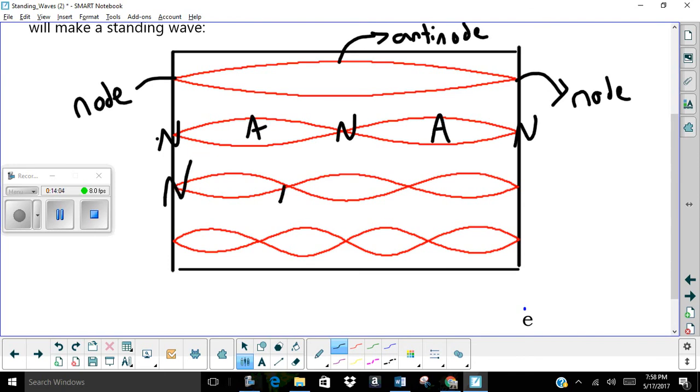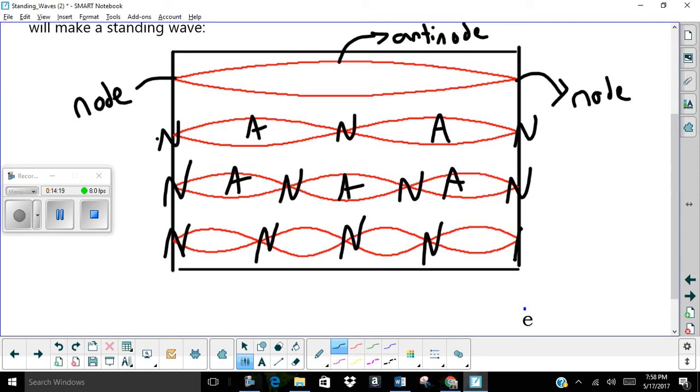Third harmonic, 1, 2, 3, 4 nodes, 1, 2, 3 antinodes. And you can keep seeing the pattern here. Node, node, node, and antinode, antinode, antinode, antinode. Constructive interference, antinode. Destructive interference, node.